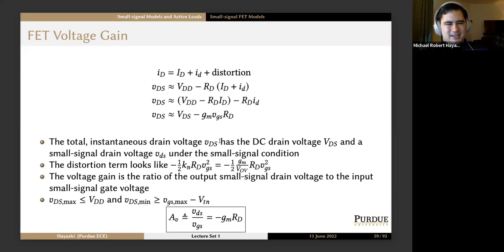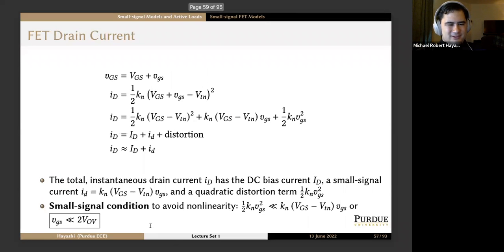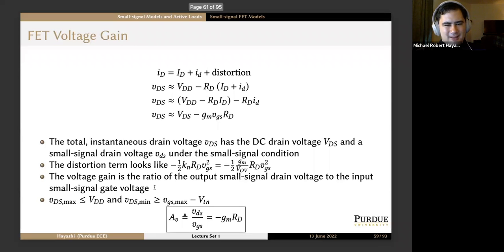So the total instantaneous drain voltage, VDS, has a DC drain voltage, capital V sub DS, and the small signal drain voltage, which looks like this right here. There's a distortion term that we're going to ignore because of the small signal condition.